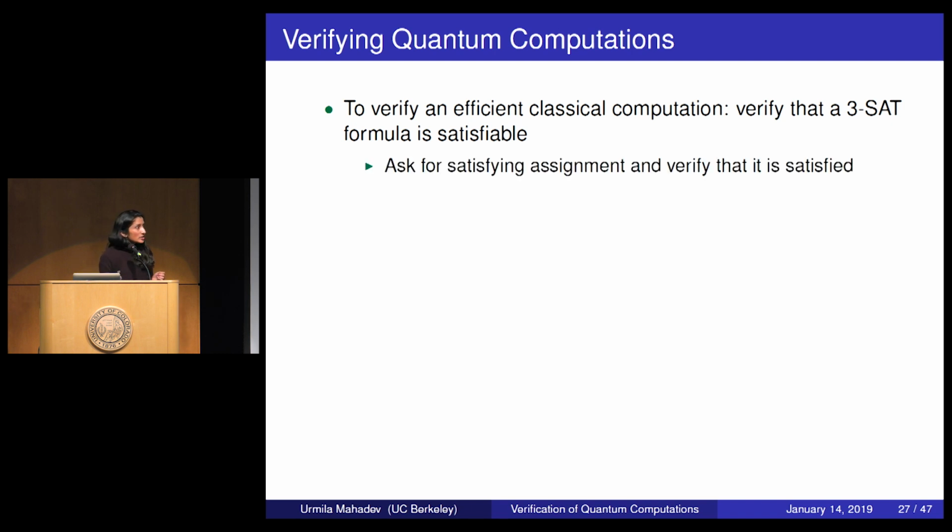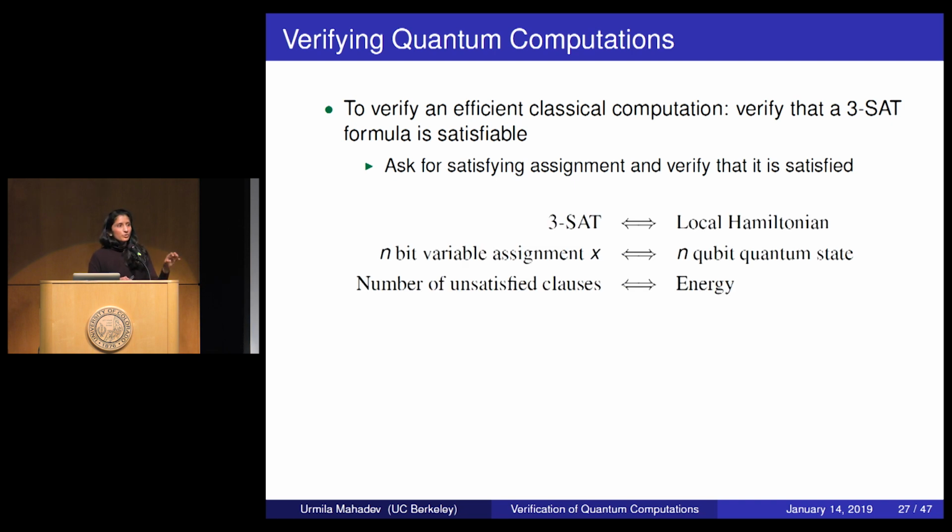There's a direct analogy in the quantum world, and here the 3-SAT problem corresponds to the local Hamiltonian problem. An n-bit variable assignment corresponds to an n-qubit quantum state. And the number of unsatisfied clauses corresponds to the energy of the quantum state with respect to the Hamiltonian.